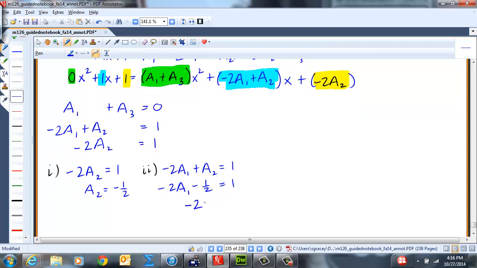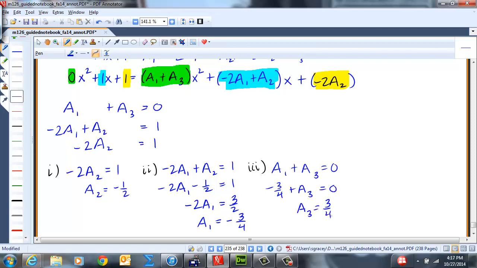Adding 1/2 to both sides, we'll get negative 2a1 will be 3/2. 1 plus 1/2 is 3/2. And then dividing both sides by negative 2, a1 will be negative 3/4. And now we can substitute that into our top equation, which had a1 plus a3 is 0. So negative 3/4 plus a3 is 0. So a3 is positive 3/4.